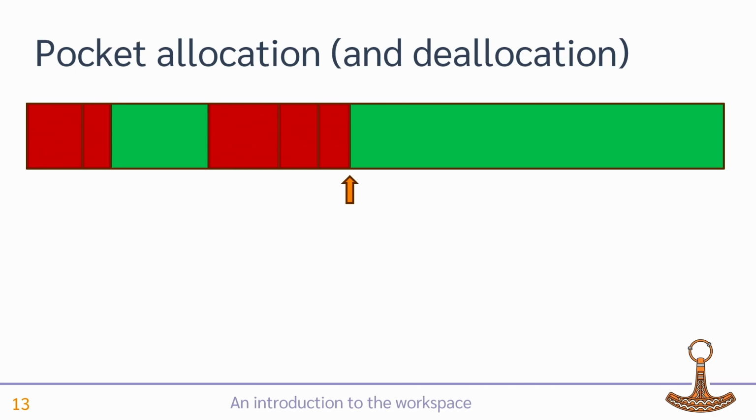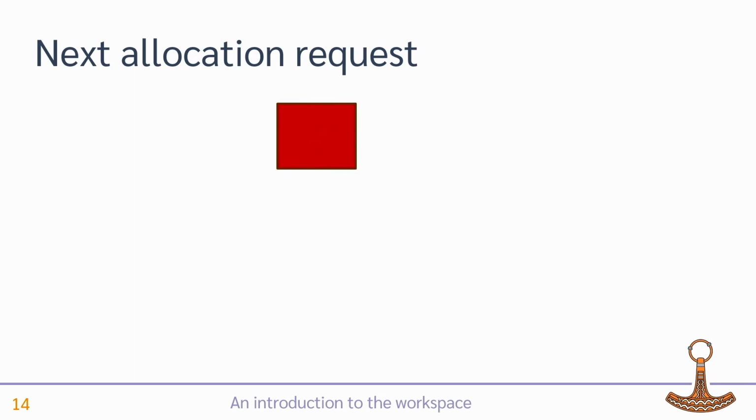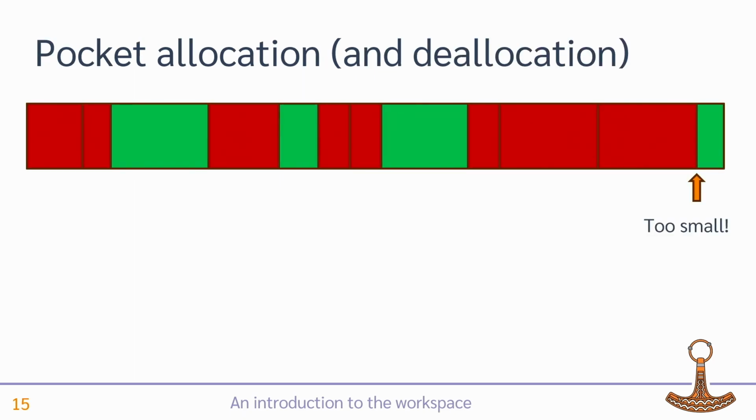We no longer need those, so we'll see some gaps forming behind. And then we'll get to the end. And at this point, let's imagine we want this much space, but we can see that at the end there's not enough space, so we rotate round to the beginning again, and we keep going until we find a space that's big enough. And here we find one. So we grab that, the remainder becomes a new free pocket, we're done.